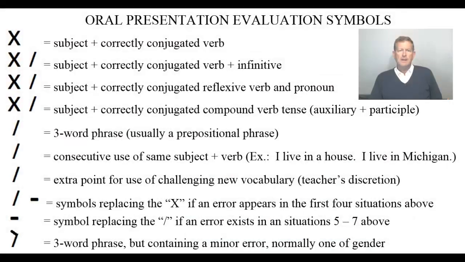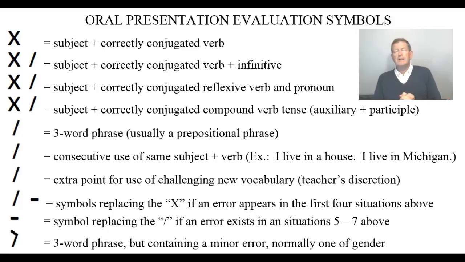rapidly. First, I had to come up with symbols that would represent different sentence parts or elements of speech. I needed a symbol that would indicate a personal pronoun and a correctly conjugated verb, for example, or a personal pronoun, a conjugated verb followed by an infinitive, or a personal pronoun followed by a reflexive verb with the correct or incorrect personal reflexive pronoun.